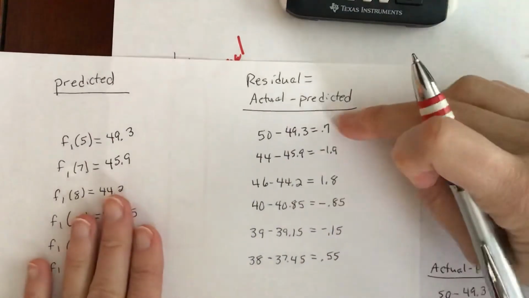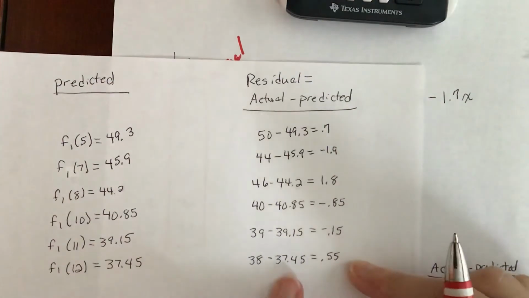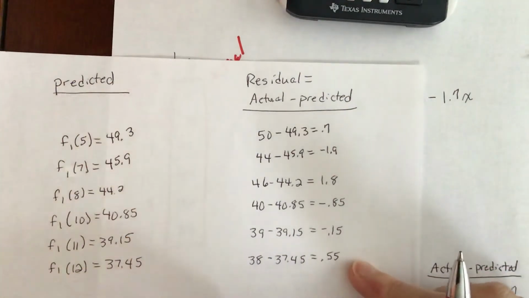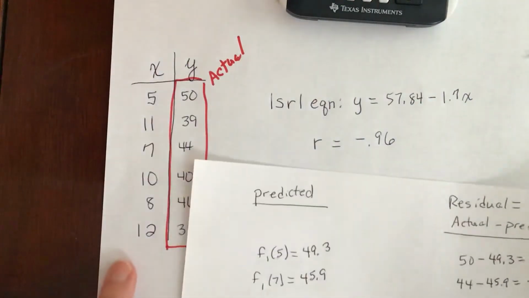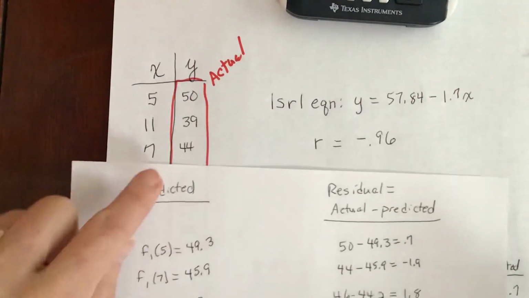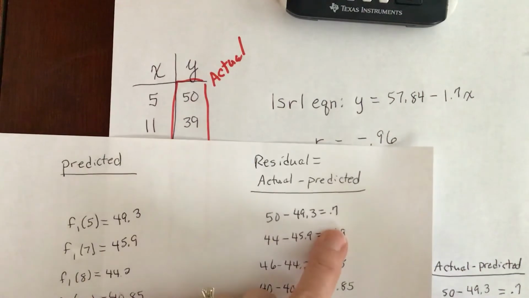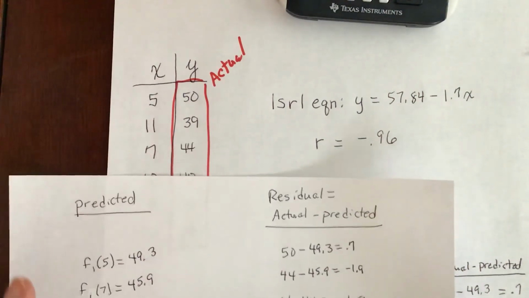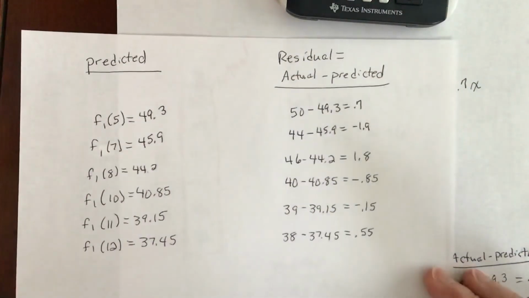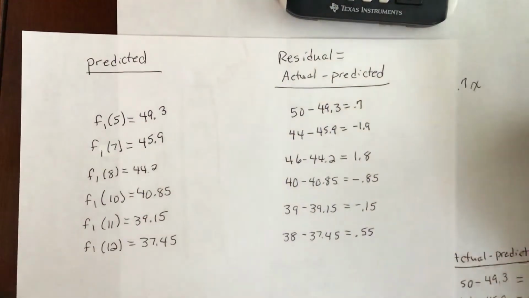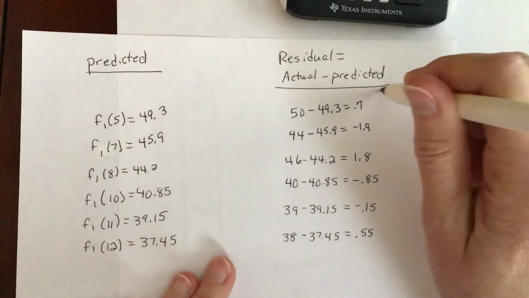And so these are our residual values, and they correspond to the X values that we have in our table. So at 5 for this X value, the residual is 0.7. And so on. So I did all of the work here. So these are our residuals.